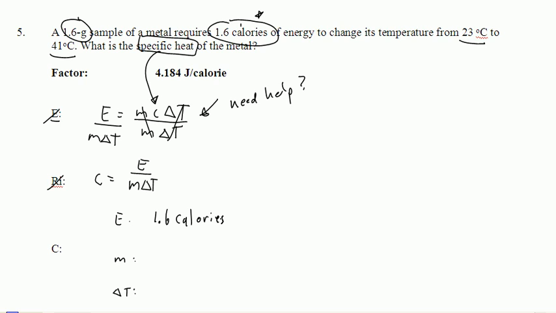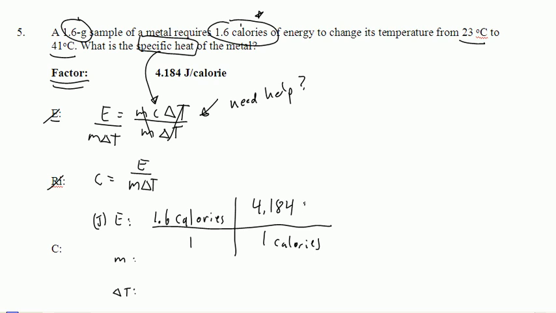If you remember correctly from your notes, energy should always be in units of joules. So we need to do a simple crisscross here, and we need to convert that to joules. We're going to use our conversion factor that states 1 calorie is equal to 4.184 joules.